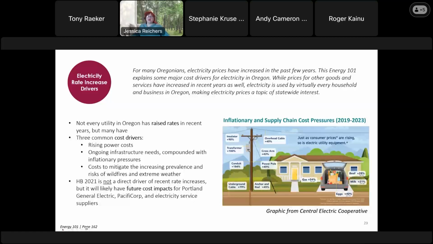Another cost driver is ongoing infrastructure needs. The graphic on the right here shows how costs for ordinary utility equipment have increased due to inflation and supply chain cost pressures since 2019. I like to point out in particular the cost of conduit, which is the wires that actually are running along transmission and distribution poles.